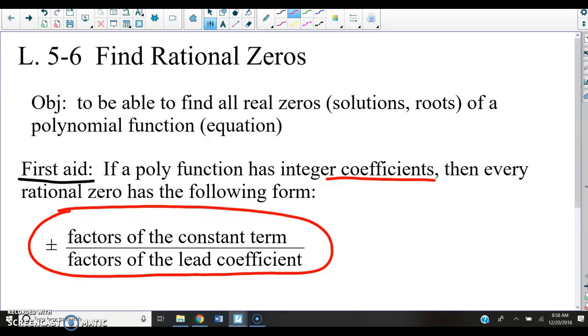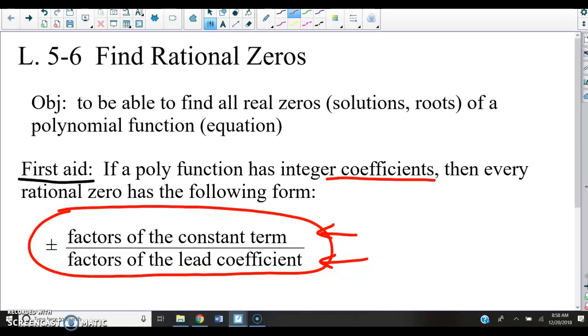Every rational zero is going to have plus or minus factors of your constant term divided by factors of your lead coefficient. So notice you've got to be able to pick out your constant. You've got to be able to pick out your lead coefficient. Most of the time, your functions are written in descending order of your variable.